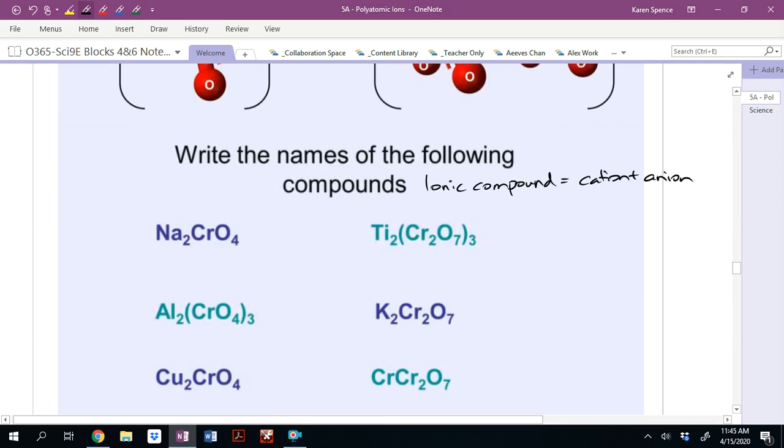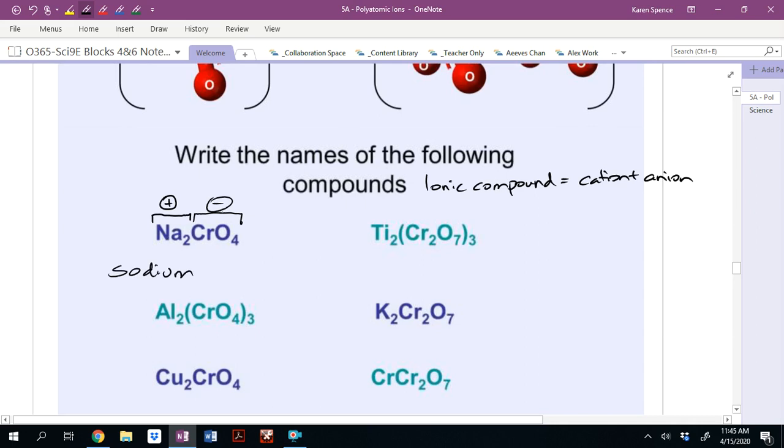If we look over at this one, here is our cation. That means that everything else has to be the anion. So when we name this, we're simply going to name our cation, and our cation in this case is Na, which is sodium.